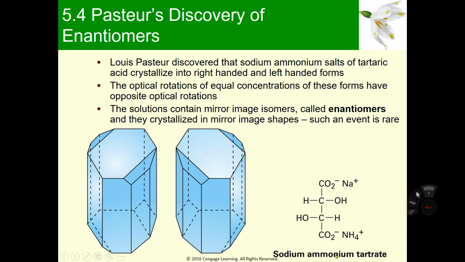Because this is a salt, it's easy to crystallize. So he tried to crystallize it. He found that he has two different shapes of crystals, and he separated them. And later on they found that these two different shapes of crystals are enantiomers.